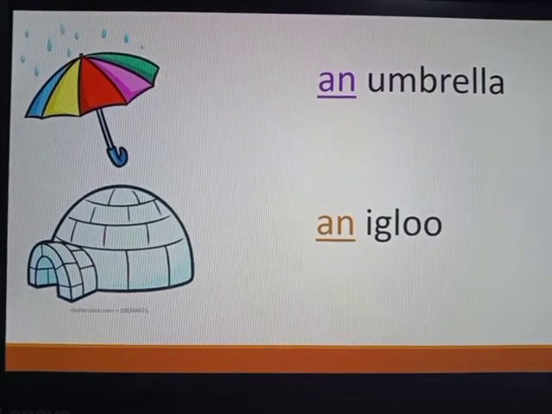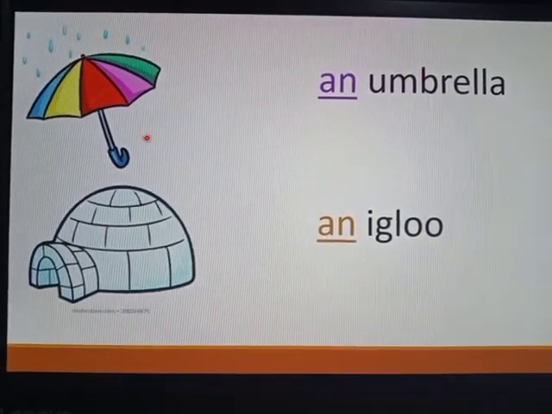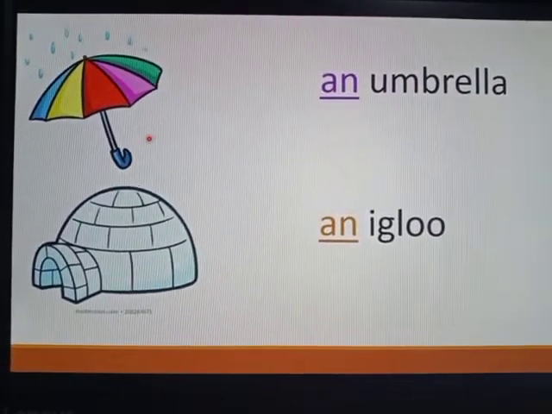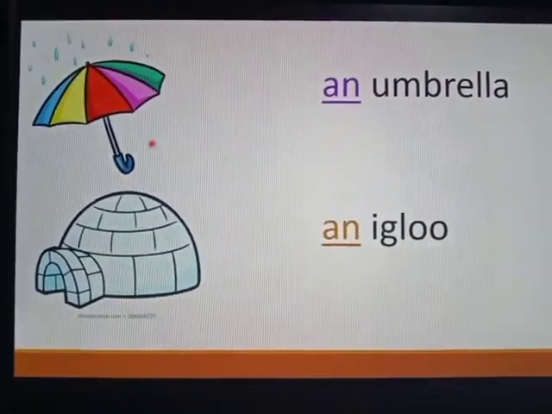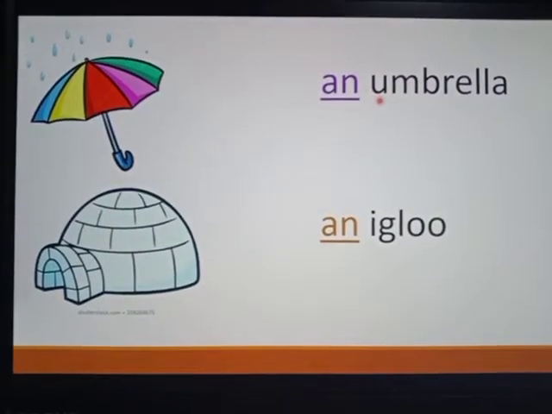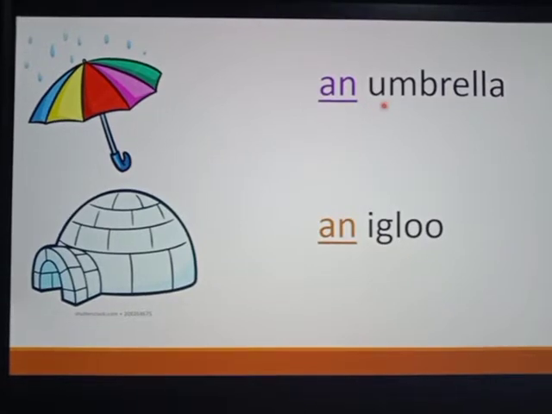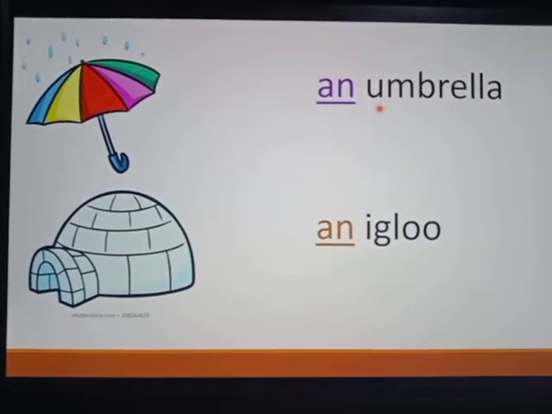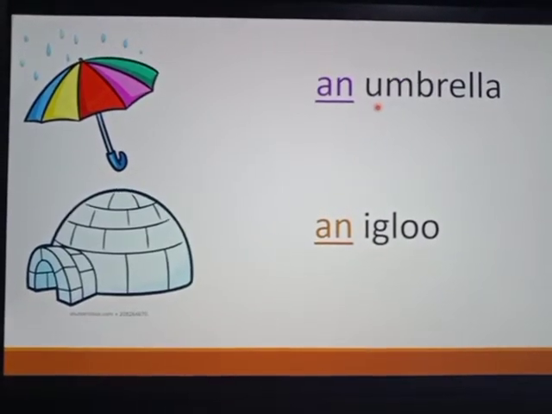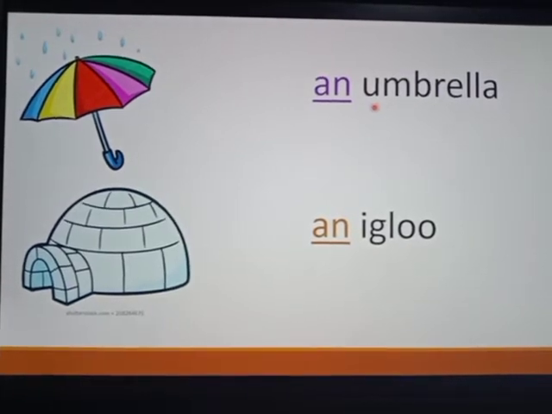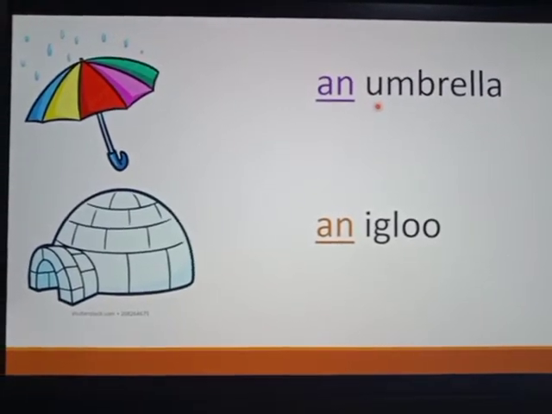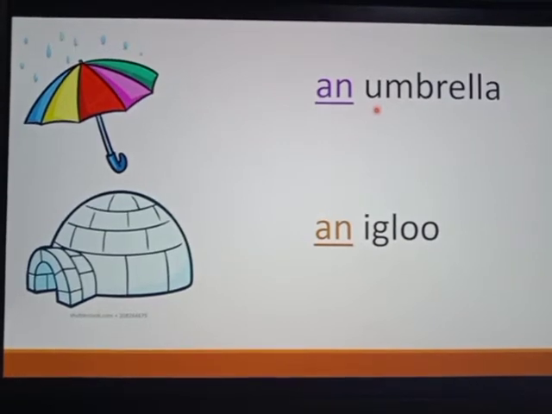Now tell me, what are you seeing in the first picture? Correct, it's an umbrella. Now read the spelling of umbrella. U-M-B-R-E-L-L-A. Umbrella. Now tell me, what is the starting letter of this word? Correct, it's U. And U is a vowel or a consonant?